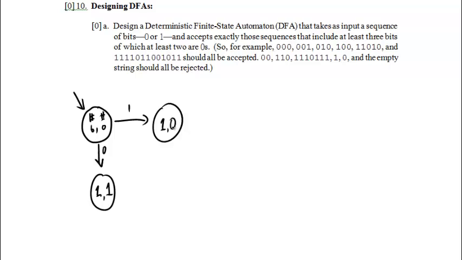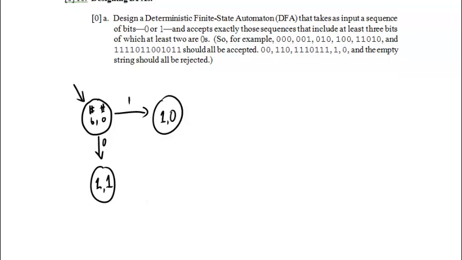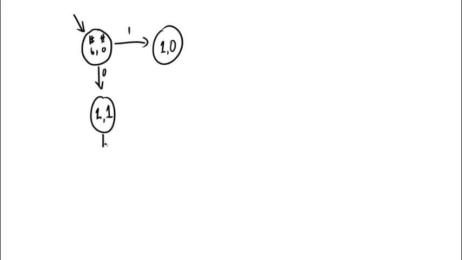And if I get a 0 from the 1-bit, 1-zero state, this will take us to an accepting state faster: I'm going to have 2 bits and 2 zeros. I just want to get to 3 bits. This was really 2 plus zeros, so I don't really care that I've got 3 zeros here. I just care that I have 2 or more because it says at least 2 zeros.